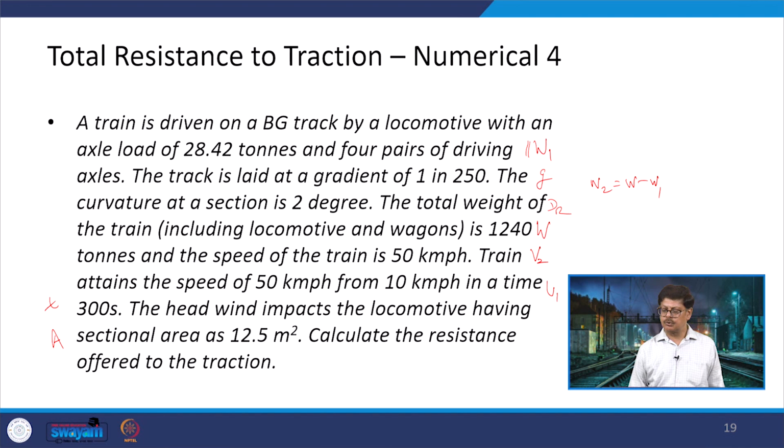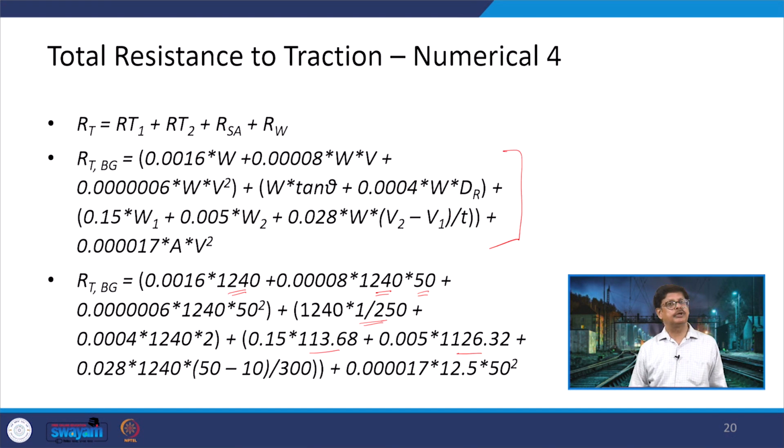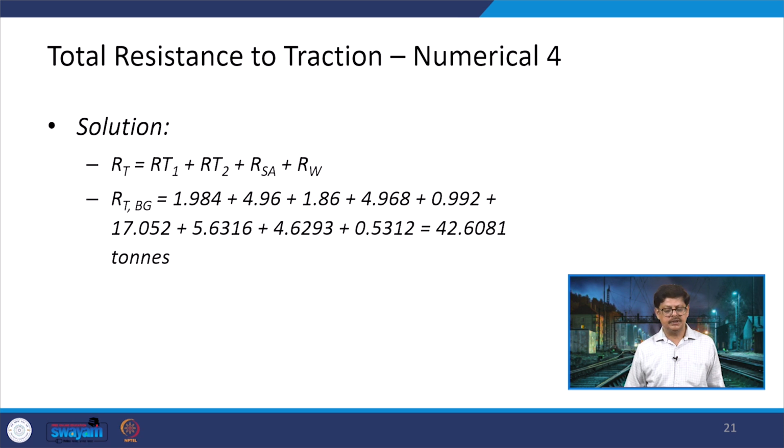The total W was 1240. So, this is the value which was computed from there, and then the speed differential in 300 seconds, and the sectional area affected by the wind speed. Once we put these things together, the total value comes out to be 42.6081 tons. So, this 42.6081 tons is the total resistance which is being offered to traction in this particular case.